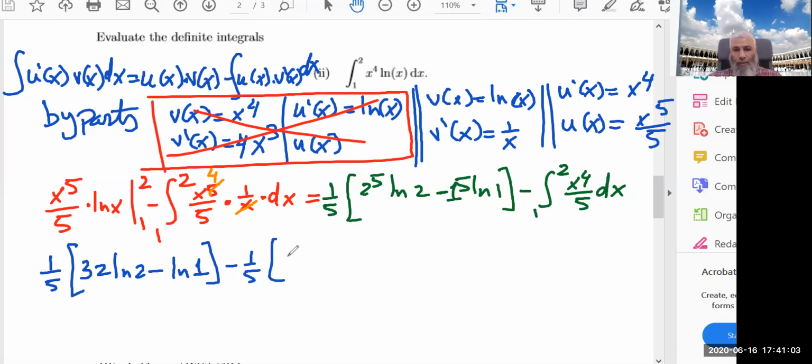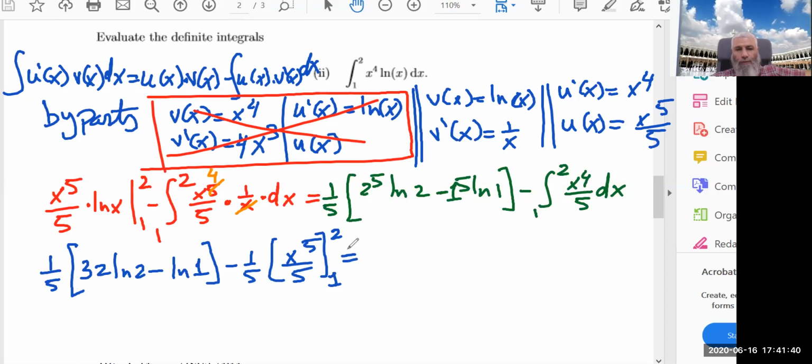How did you get 32? 32 is 2 to the power 5. Yes, 2 power 5 is 32, ln 2, minus 1 power 5 is 1, multiply ln 1, minus 1 over 5. This 5 will get out of the integration, and the integration of x power 4 is x power 5 over 5, from 1 to 2.